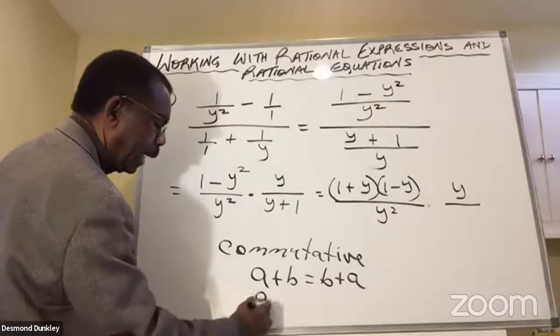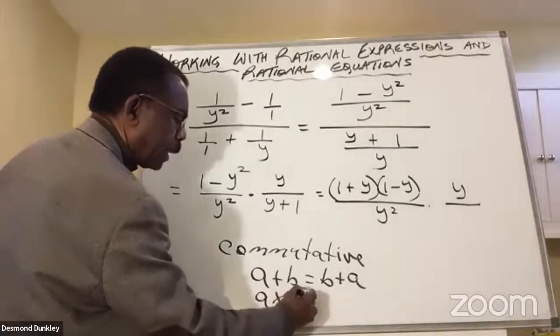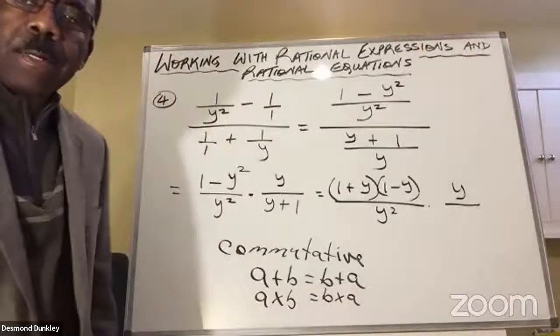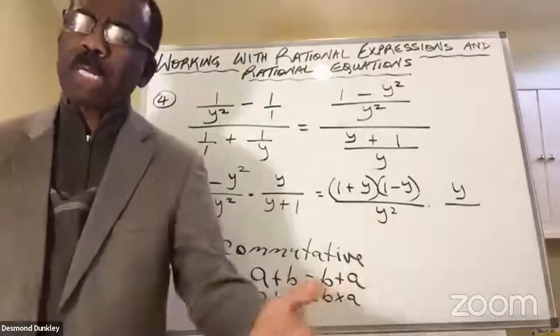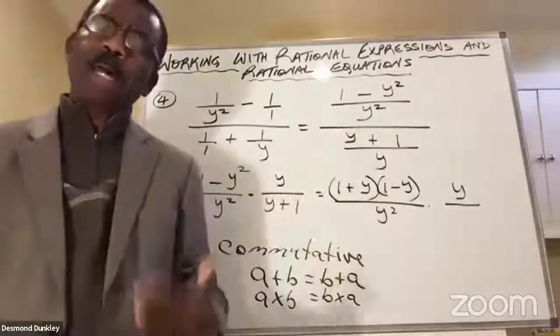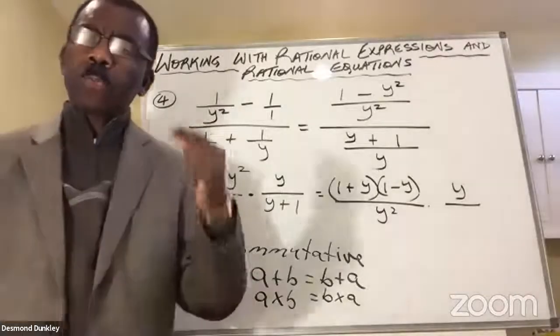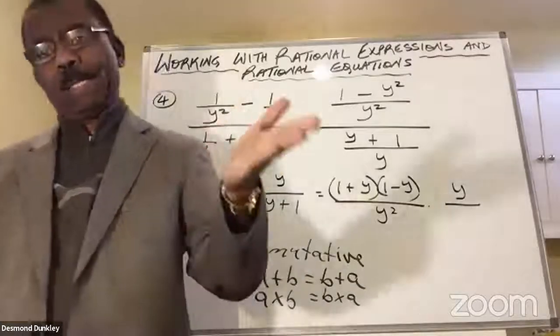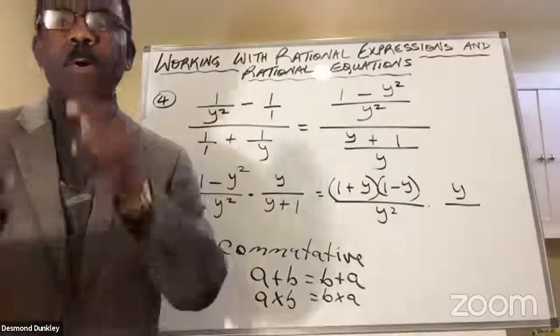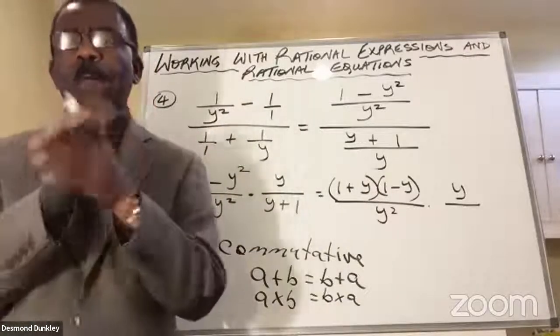Similarly, A times B is the same as B times A. The order doesn't matter. If I have 2 plus 3, it is 5. 3 plus 2 is still 5. If I go 2 times 5, it's 10. 5 times 2 is still 10. So the order you put the numbers does not matter.